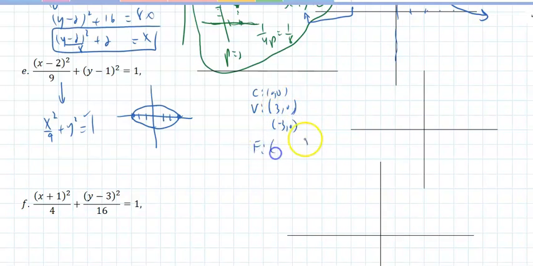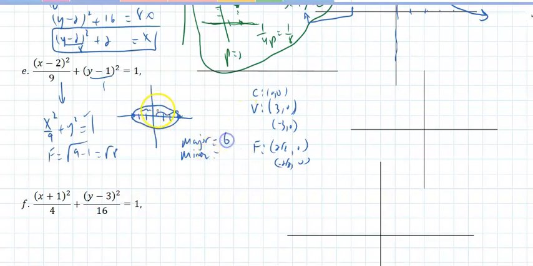The foci are at the square root of 9 minus 1, which is radical 8, 2 radical 2 to the right, negative 2 radical 2 to the left. And the major and the minor: the length of the major axis, 3 to the right, 3 to the left, is 6 units, and the minor, 1 up, 1 down, is 2 units.